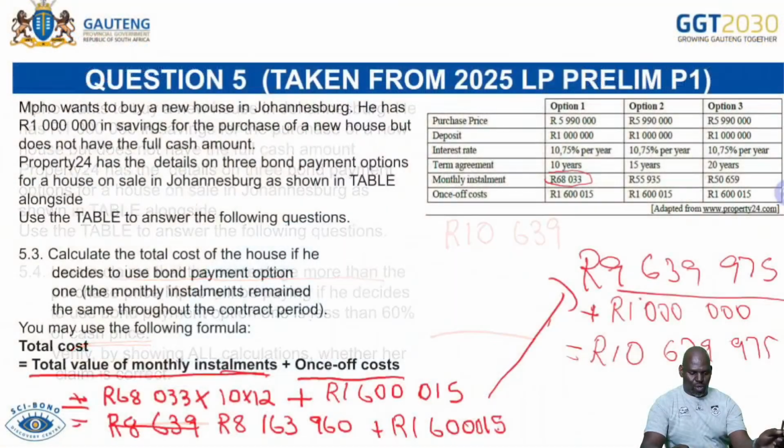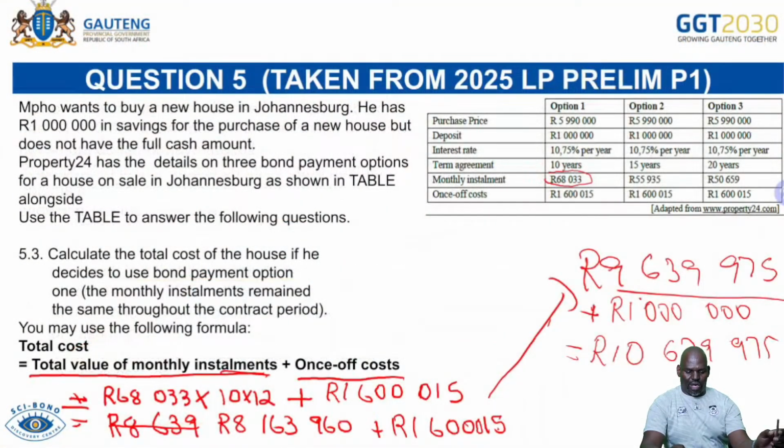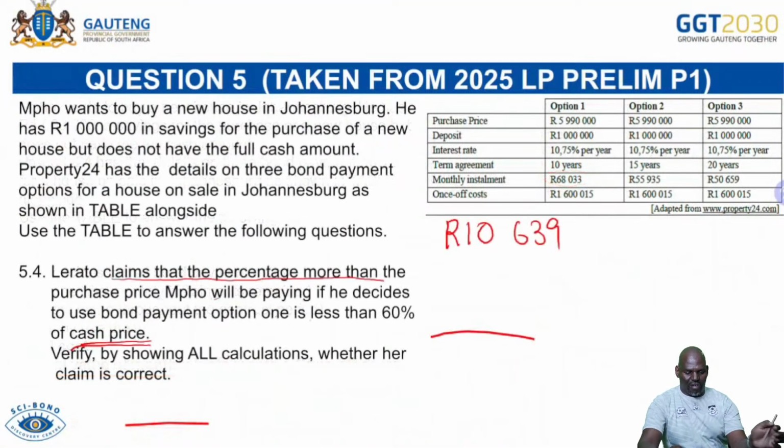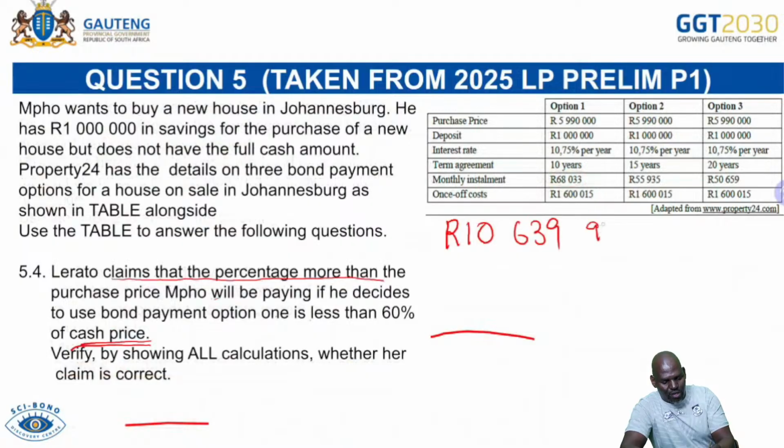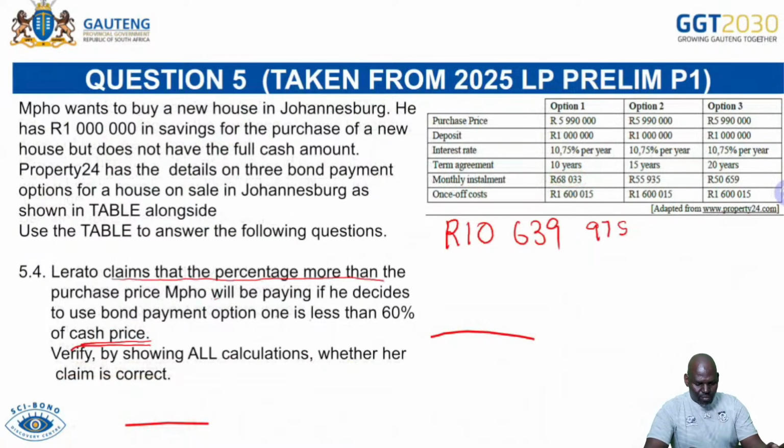Sorry about that. I just want to go back to the question. Okay, for that one, I said it is 10,639,975. So that is the total amount.